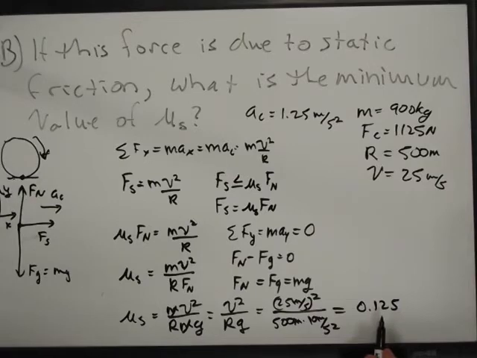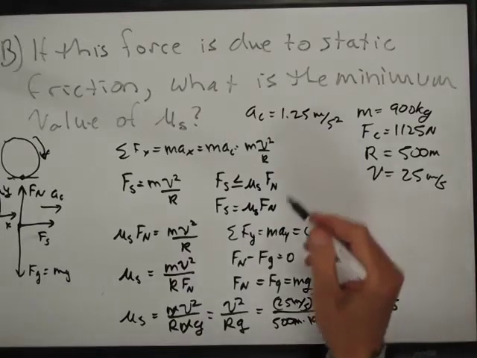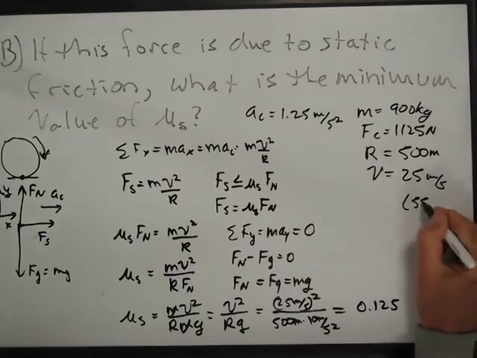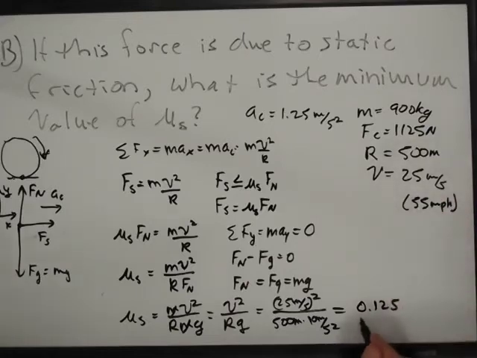So you'll be able to stay on the road, even on a wet road, which is what you want. If the speed limit is what it was on this road, 25 meters per second, which is about 55 miles per hour, going around this curve, you should be fine, even if the road is a little messy.